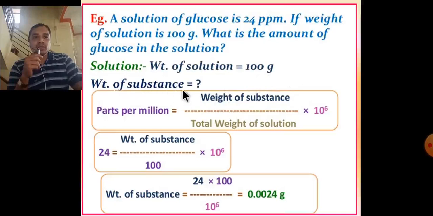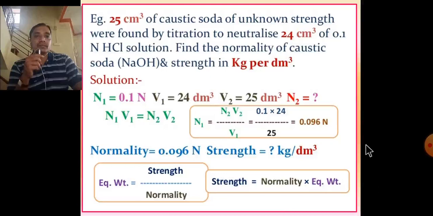For calculation, parts per million is equal to weight of substance divided by total weight of solution into 10 raised to 6, that is 24 is equal to weight of substance divided by 100 into 10 raised to 6. Weight of substance is equal to 24 into 100 divided by 10 raised to 6. That is, the weight of substance is 0.0024 grams.